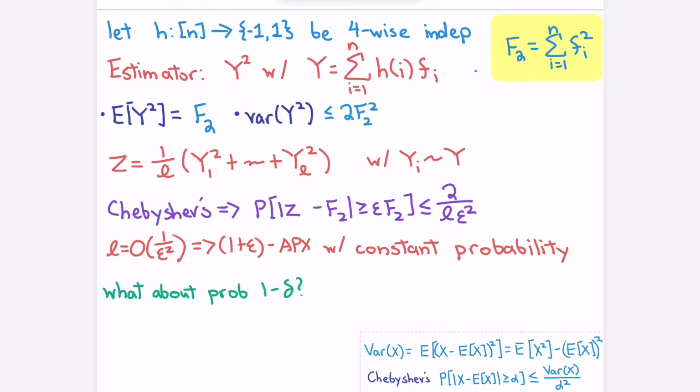Suppose I wanted to get probability 1 minus delta of it succeeding, so probability of error delta, for some given parameter delta. Any ideas? So I want to take the right-hand side, in some sense, down to delta. Right now you can get constant probability of error.